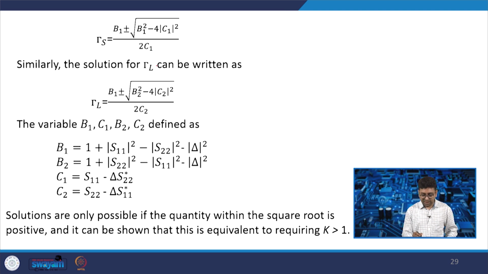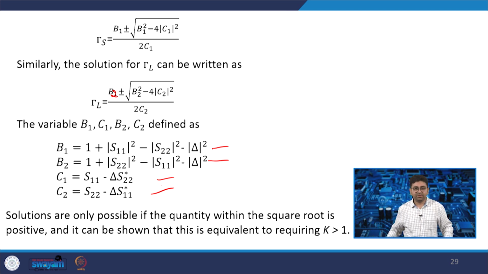Similarly, you can also get the solution for gamma L, that is minus b2 plus or minus the square root of b2 square minus 4 c2 square, divided by 2 c2, where b1, b2 and c1, c2 are given by these equations.